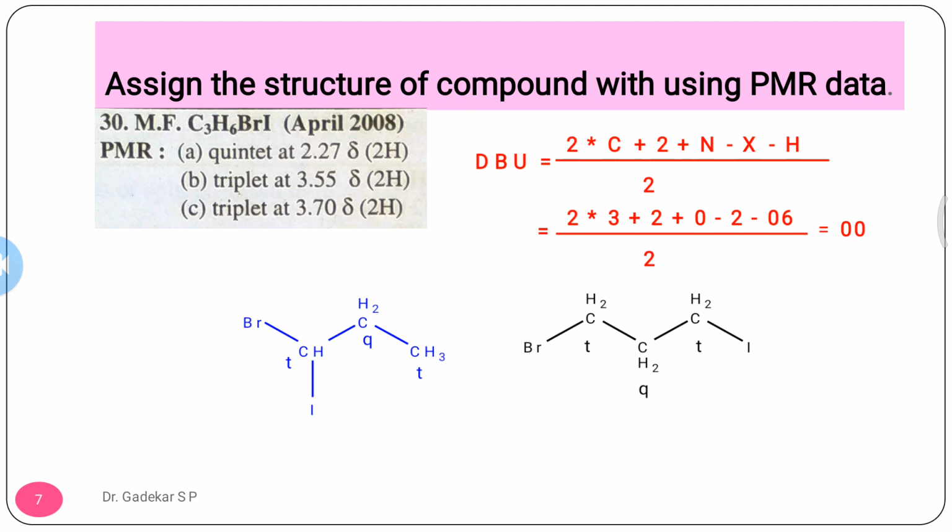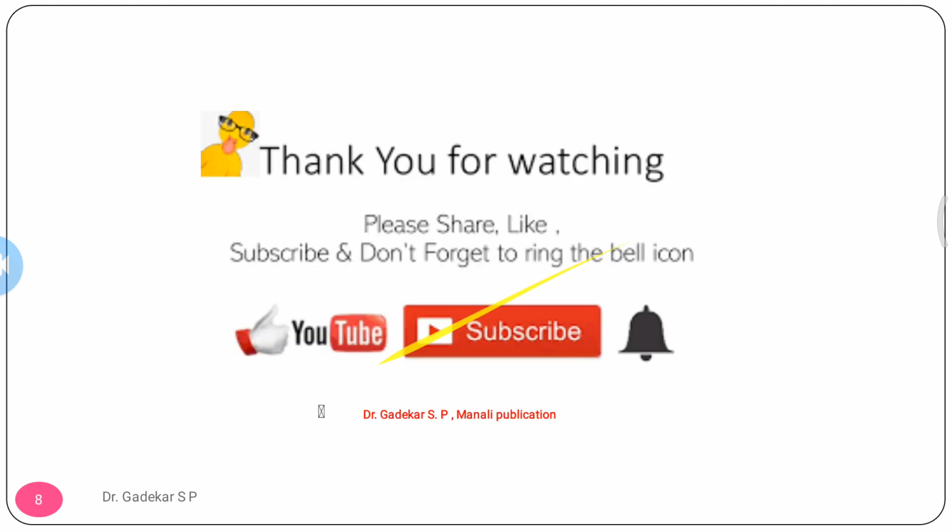Because bromine is more electronegative as compared to iodine, the iodine attached CH2 group's chemical shift is near about 3.25, a lower chemical shift, because it is more shielded as compared to bromine. Bromine is deshielded, so that's why the chemical shift is more.